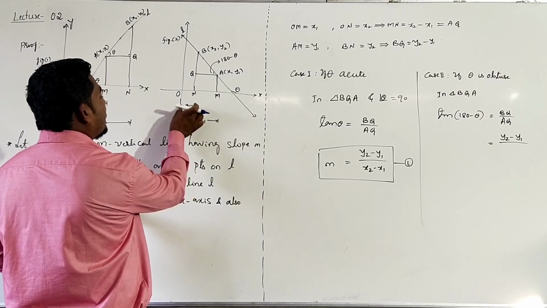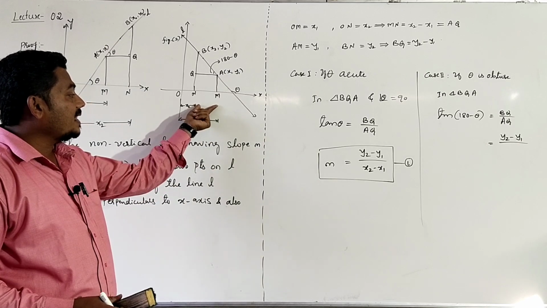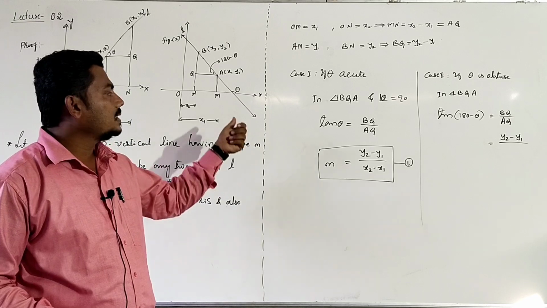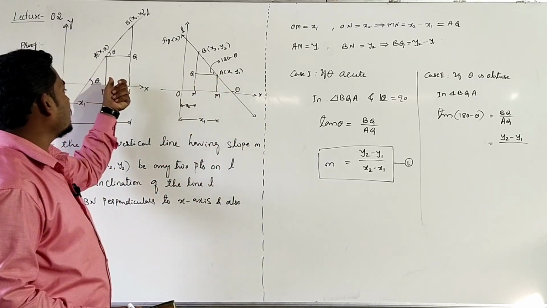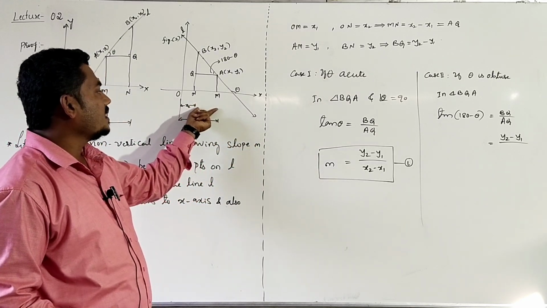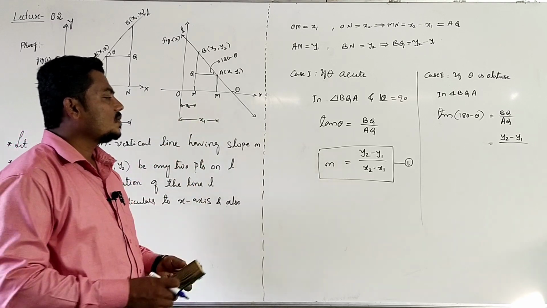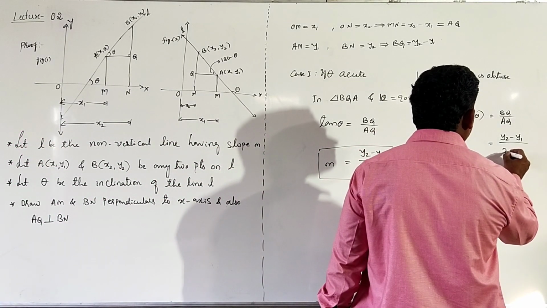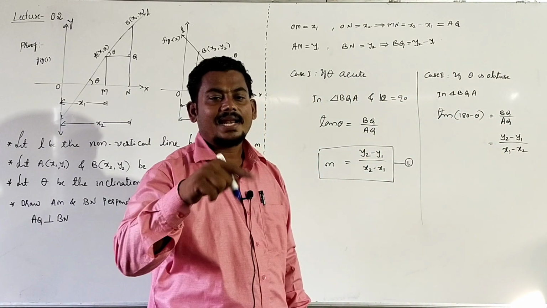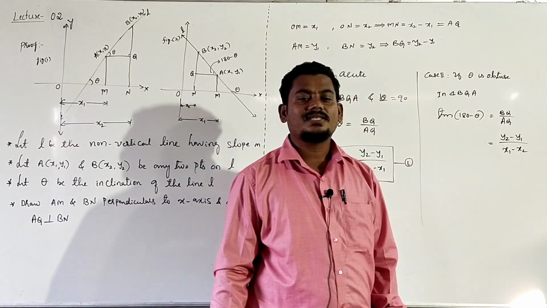MN is x1 minus x2. Observe the second figure. In this figure, MN is x1 minus x2, right? In the first figure, MN is x2 minus x1. In this figure, in case 2, theta is obtuse, and MN is x1 minus x2. Now already you know the tan of 180 minus theta value. In trigonometry, what is the tan of 180 minus theta formula?